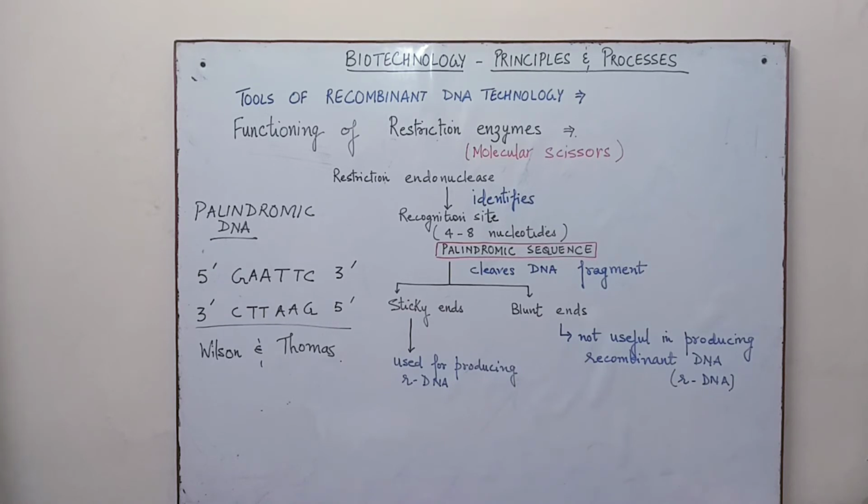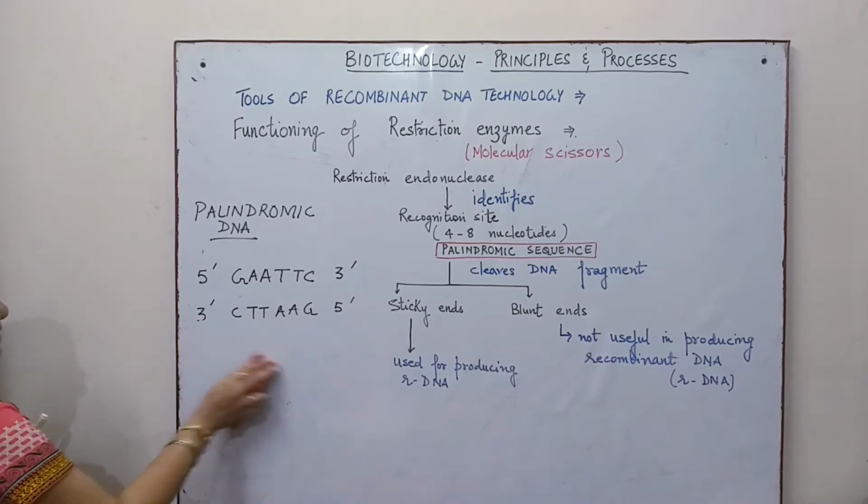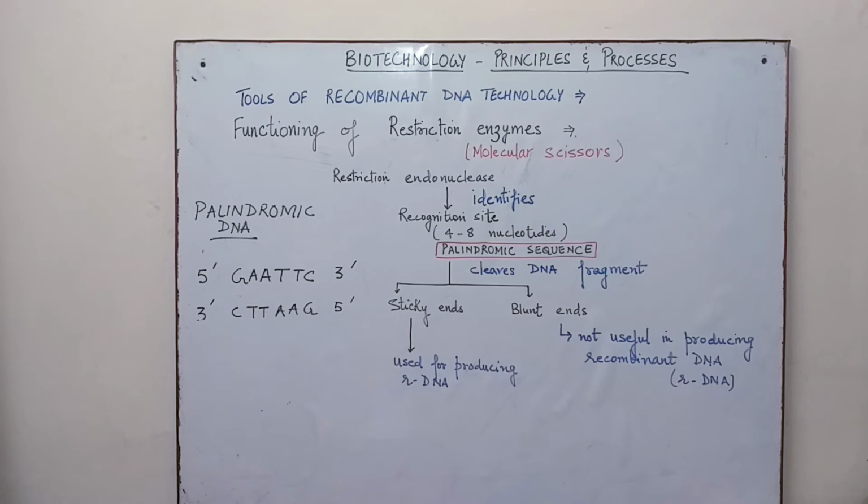Now certain restriction enzymes cut the DNA strand a little away from the center of the palindrome site. So suppose this is the palindromic sequence, and it will be acted upon by a restriction enzyme.